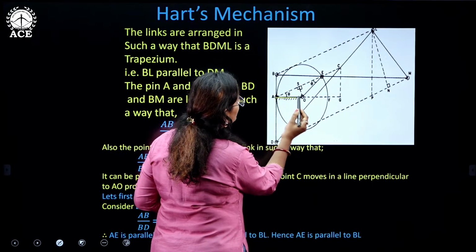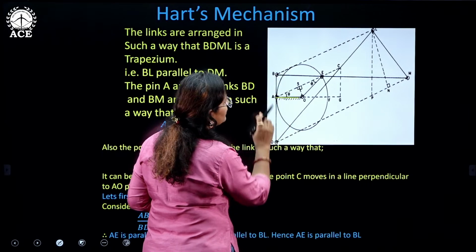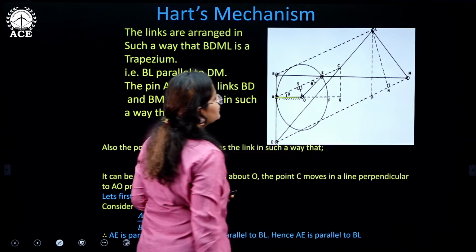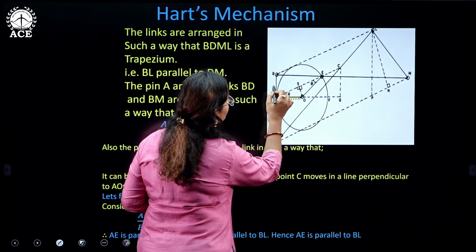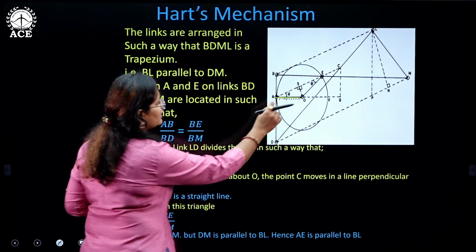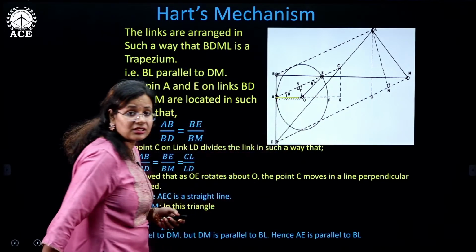This particular link OE is a fixed link. Then we have a link of BD, then LM, BM and DL. So there are total of 6 links, 1, 2, 3, 4, 5 and 6, in which again E is constrained to complete one whole revolution. E is completing one whole circle here.